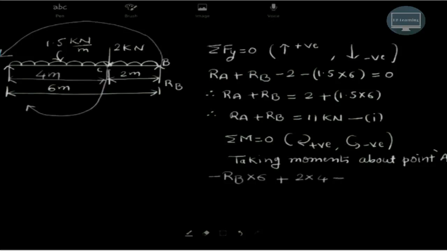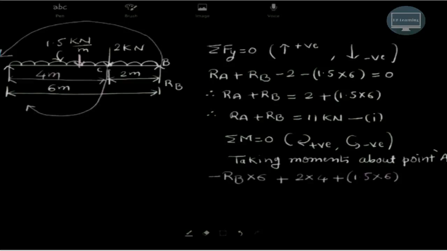Now this uniformly distributed load is of 1.5 kN per meter, so for 1 meter it is 1.5, but it is acting over 6 meter length. So 1.5 into 6 will be the total UDL load, and it will be acting at the center of this 6 meter length.